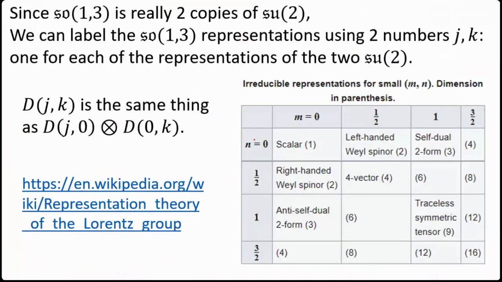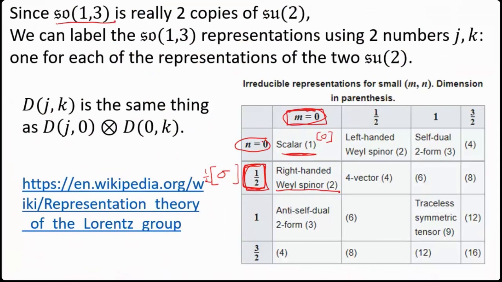So there's the (0,0) representation, which is just the 0 matrix. But then we could say for one of the SU2s, we want the spin 1/2 representation. So that's those 1/2 sigma matrices. And we could say one of the SU2s is a spin 1/2 and one of the SU2s is a 0. So that would be a valid representation of SO(1,3).